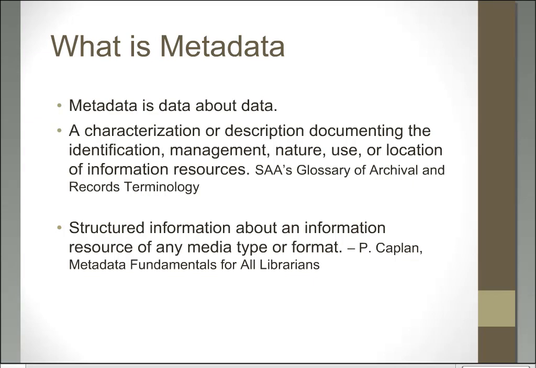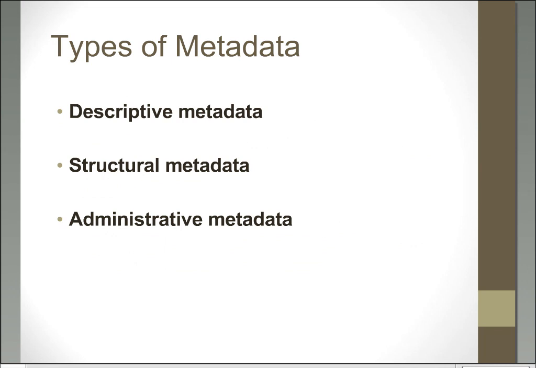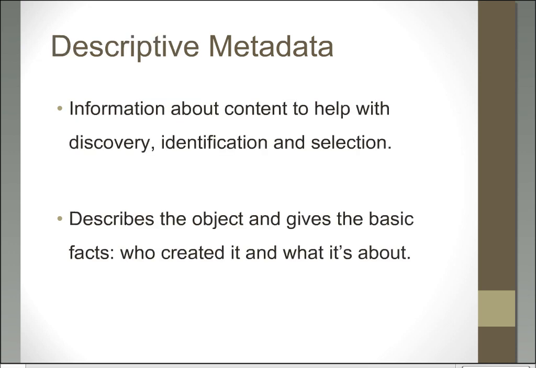Now, for types of metadata, there are 3 main types of metadata we deal with in libraries, museums, and archives. It's descriptive metadata, which is sort of information about the content, structural metadata, and administrative metadata. And I'll go into those one by one in a little more detail.